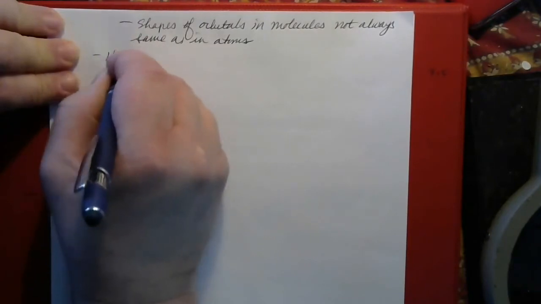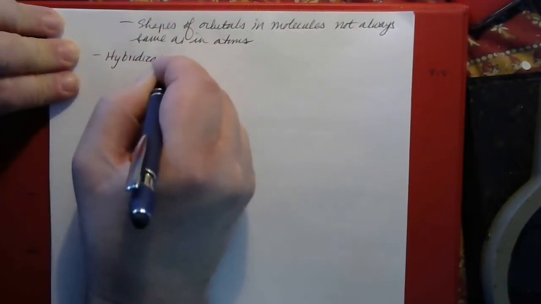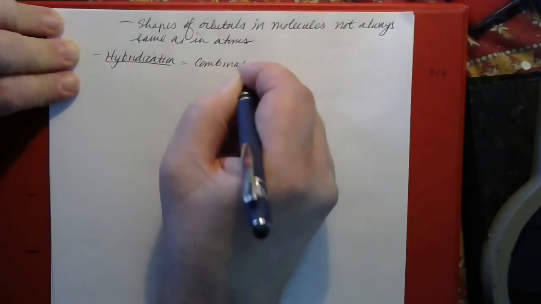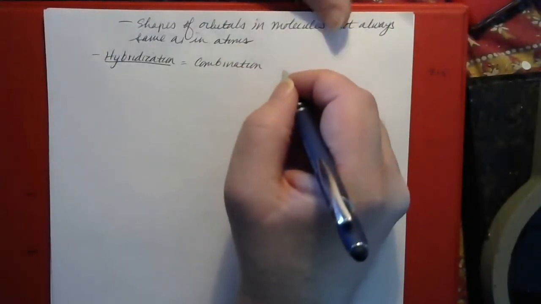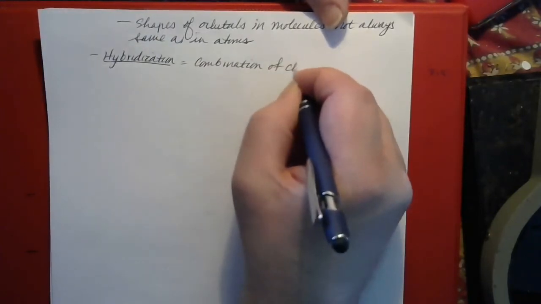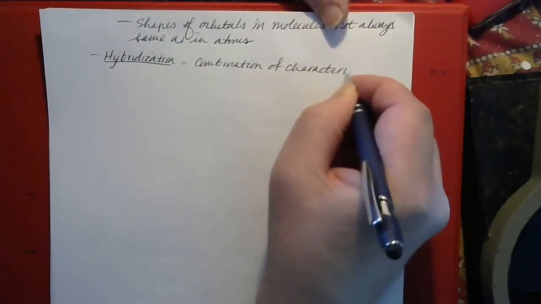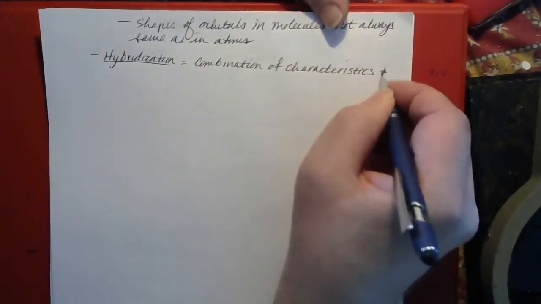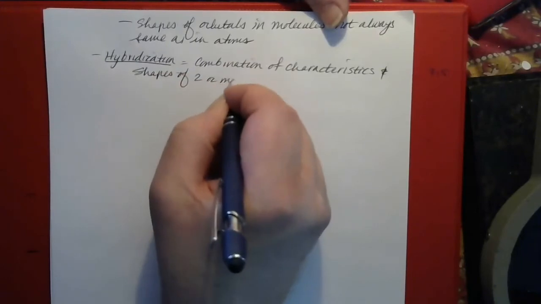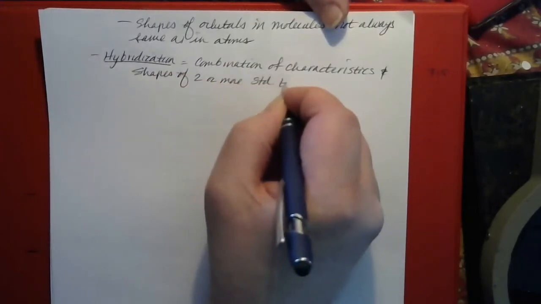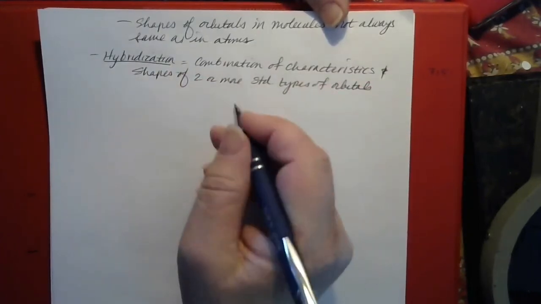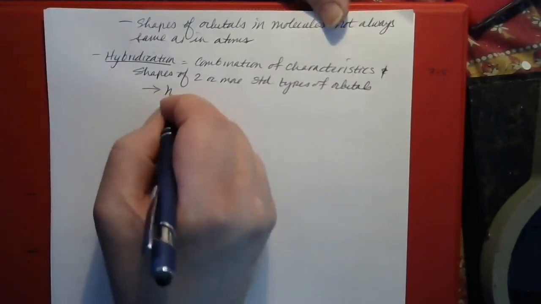So hybridization, as a definition, is a combination of characteristics and shapes of 2 or more standard types of atomic orbitals. And what you end up with would be hybrid orbitals.